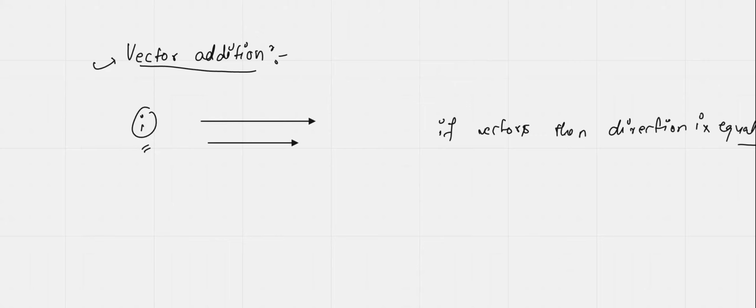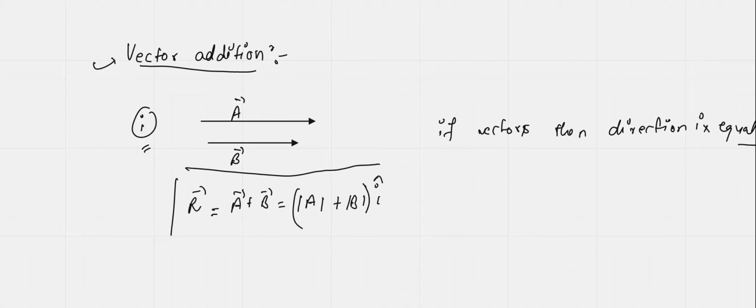Direction, basically the unit vector, is equal. So if this is the a vector and this is the b vector, what is the addition of vectors? Basically, I'm doing a plus b. What does this mean? I'm going to add the a vector and b vector magnitudes, and I am taking the direction as common because they are both the same. So this is the resultant of a parallel addition.